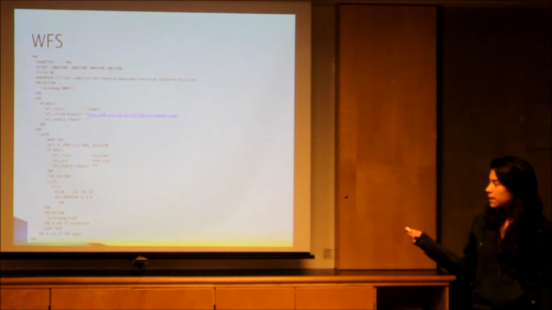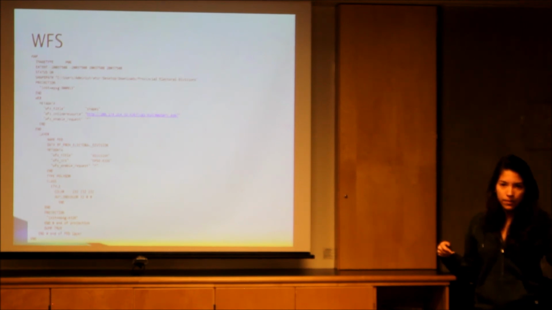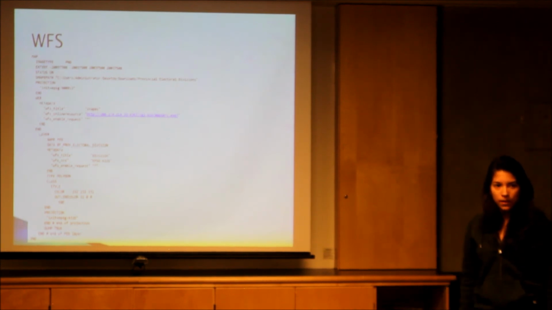Yeah, so basically if you have this, you can get this information in an XML file or GML file. You just put the information in your URL, give your map, and it will display the whole information. And WFS is returning a vector format. Basically, yeah.